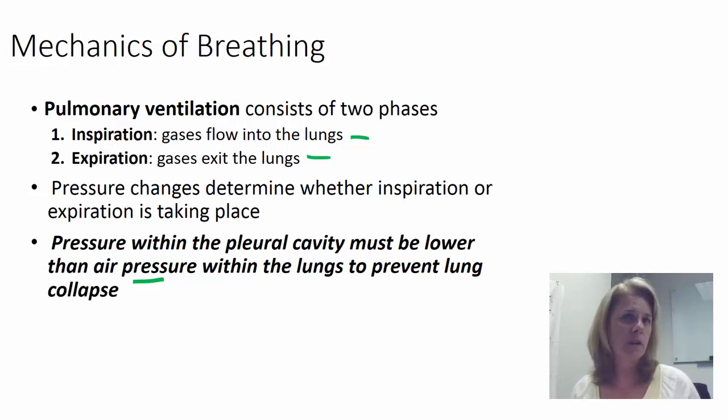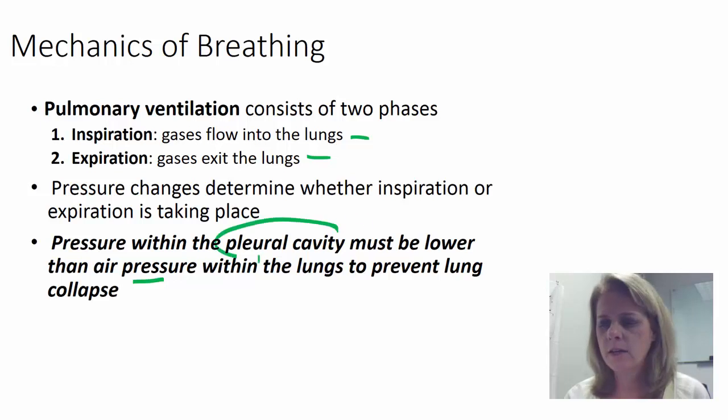Which is why it's important if you get a pneumothorax and there's actually a hole in your chest cavity, that's going to allow the air pressure to be equal on both sides and your lungs won't work. So you have to have low pressure in the pleural cavity in order for your lungs not to collapse and you can be able to breathe. So if you don't remember what your pleural cavity is, go back and look at that.